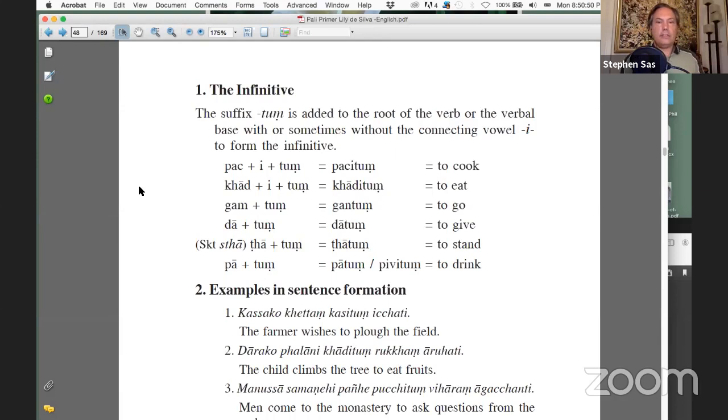It's, of course, in a non-finite form, so it only has one way of being formed. And so we just recognize it immediately as the infinitive. It doesn't have a person, it doesn't have a case, it doesn't have any of that. So again, pachati, pachitung, to cook.